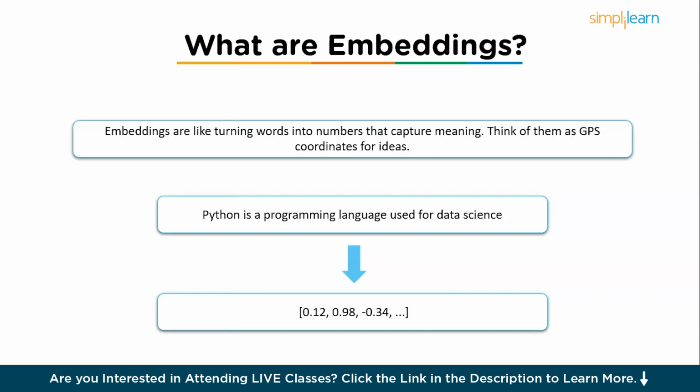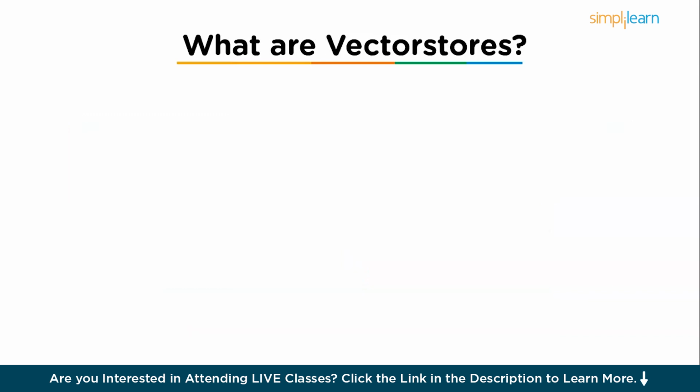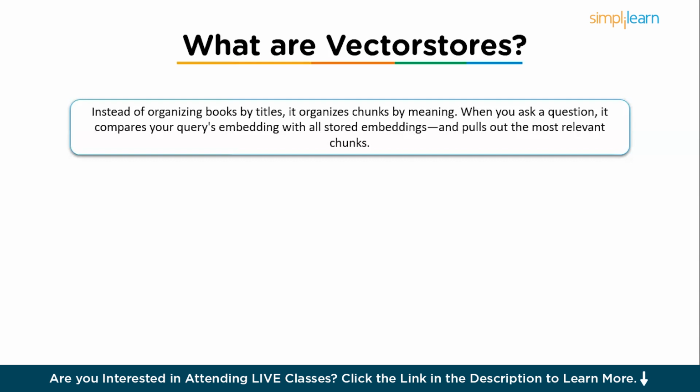Now let's move on and see what vector stores are. We have turned our chunks into embeddings, but where do we keep all these meaning vectors? In a vector store. Think of a vector store as a smart library. Instead of organizing books by titles, it organizes chunks by meaning.